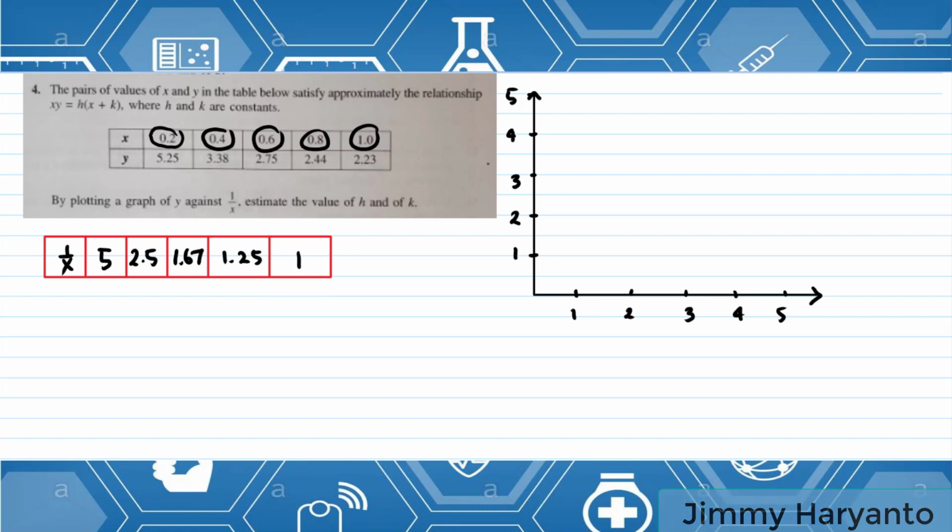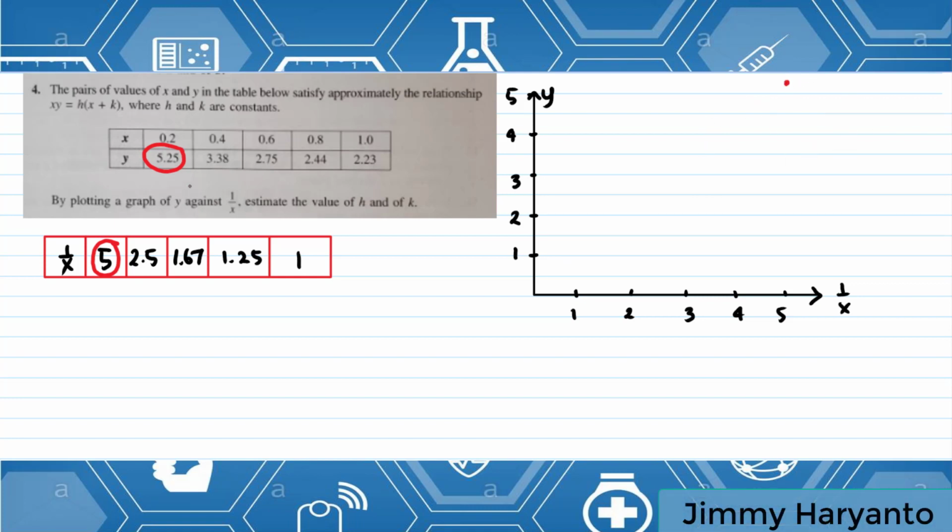And then we have to plot 1 over x and y. So this is 1 over x and this is y. The points will be, 1 over x first, 5 and 5.25. 5 and 5.25 is right here.